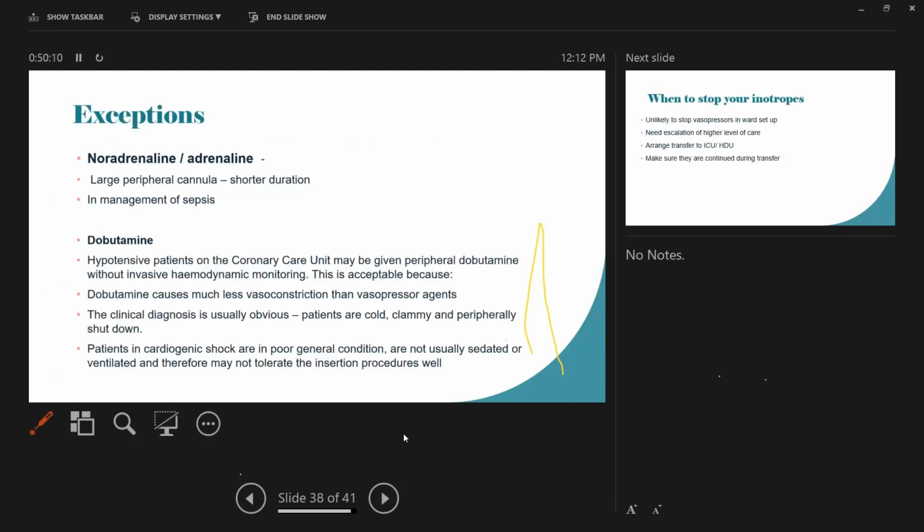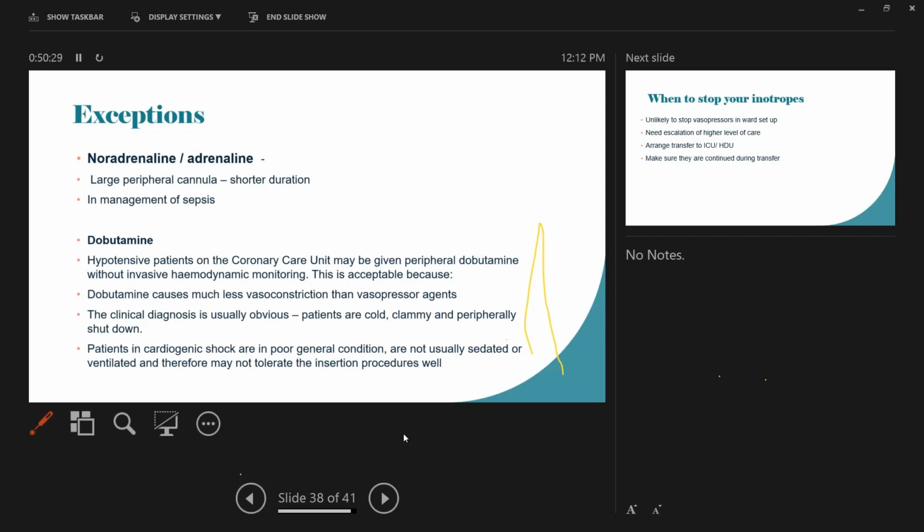So again, the exception is to give noradrenaline through large bore cannulas. If you can insert an external jugular line, that is better because it's still a large vein, or at least in the cubital fossa.